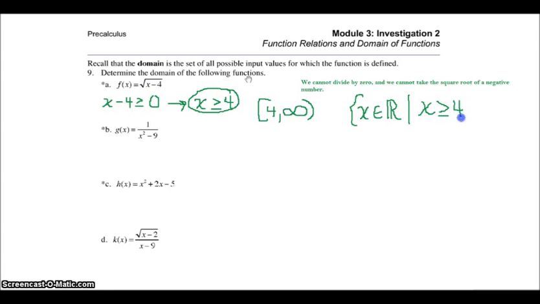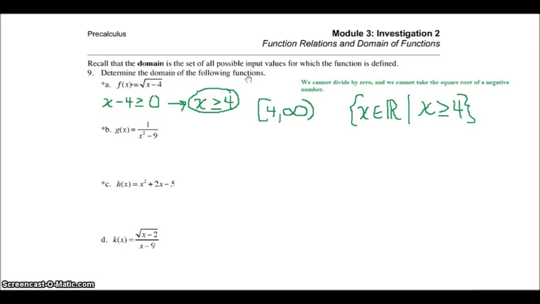That's called set builder notation. But any one of these three representations will work for your domain. The key from this problem is anytime you have a square root, just take what's inside the square root, set it greater than or equal to 0, and find your domain.